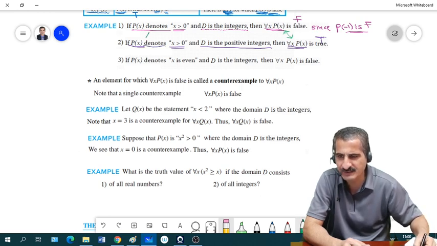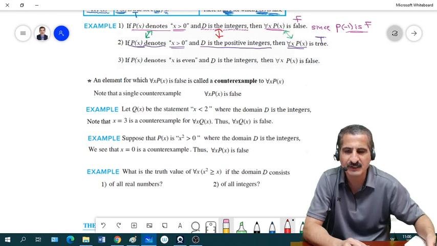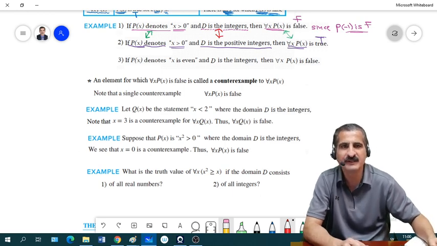So what changed between part 1 and part 2 of this example? What changed is the domain. Up there the domain was all the integers, but below here the domain was positive integers only, and that caused for every x, p of x to be true.